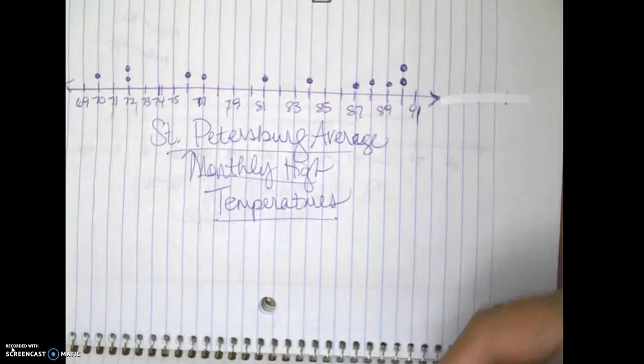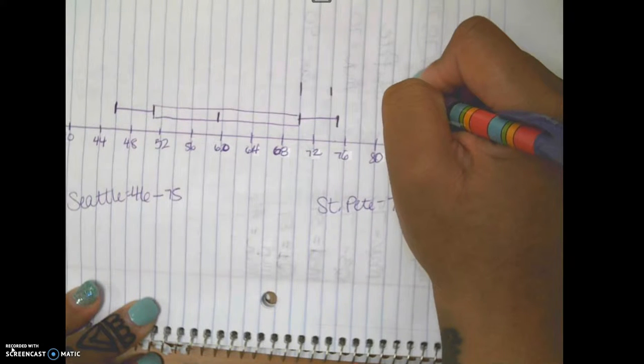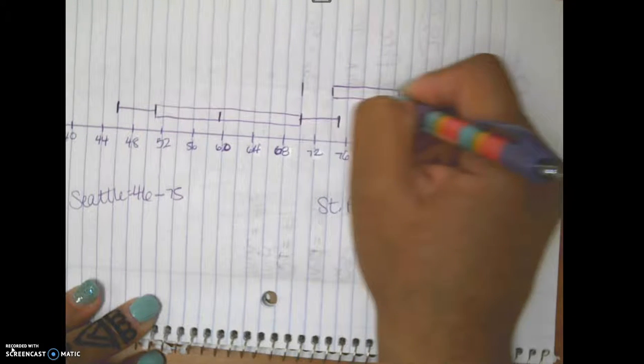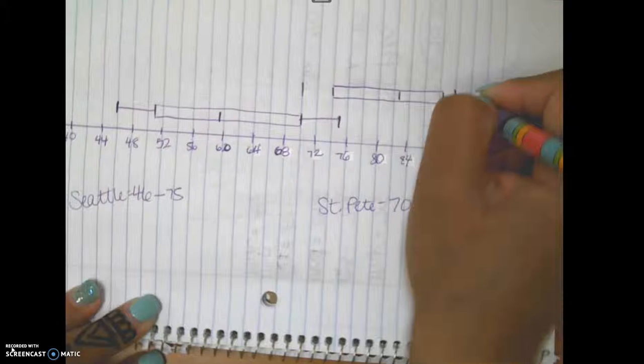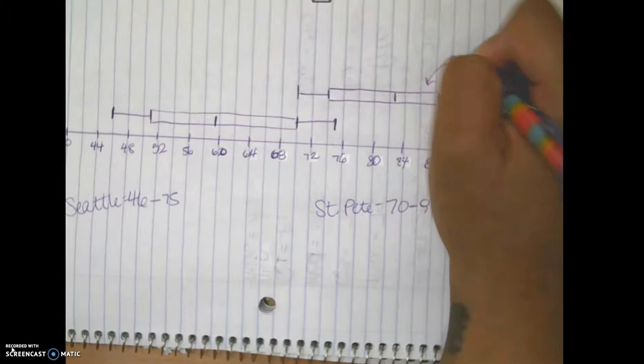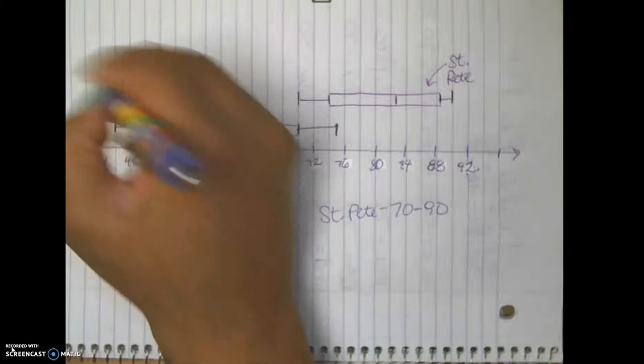And then my median was 82.5. 82 and a half would be about right here. Here's my box. And then my whiskers. So this is St. Pete. This is Seattle.